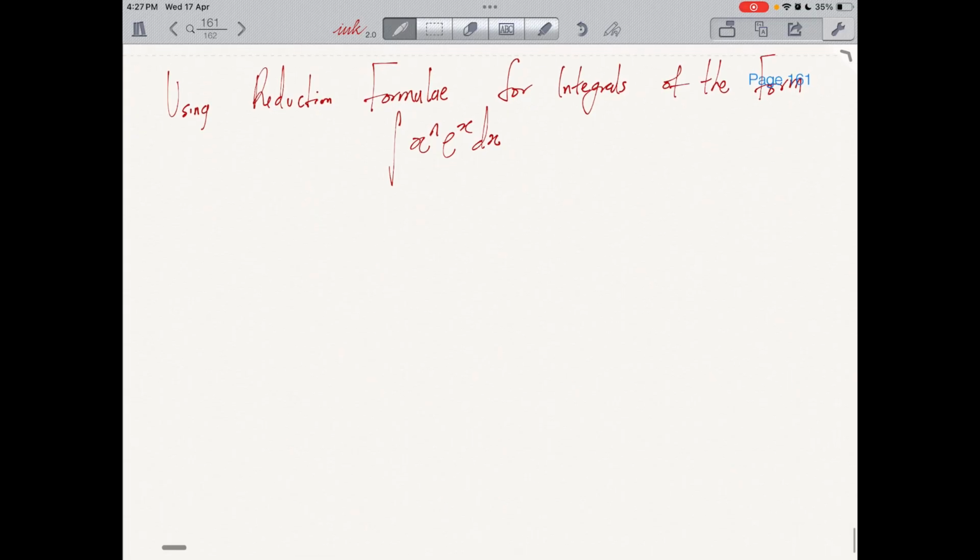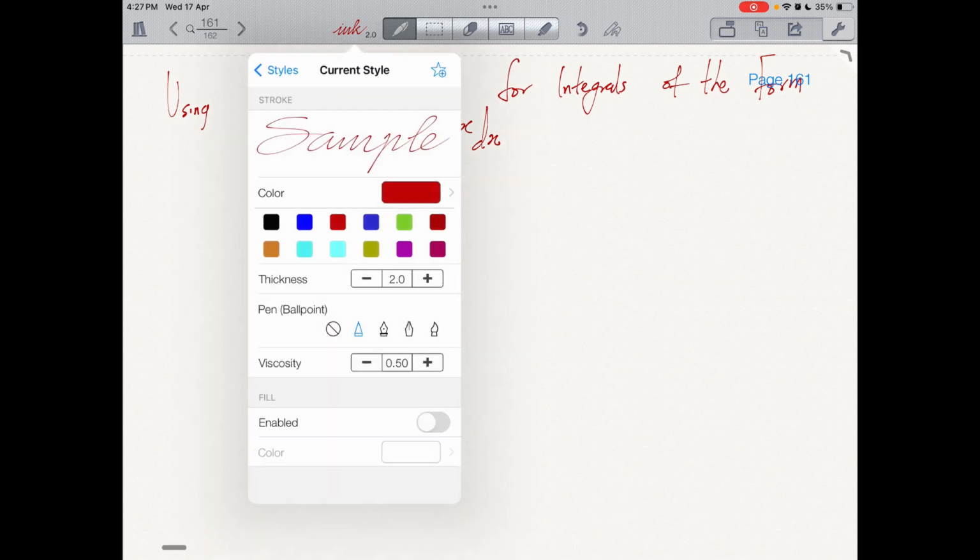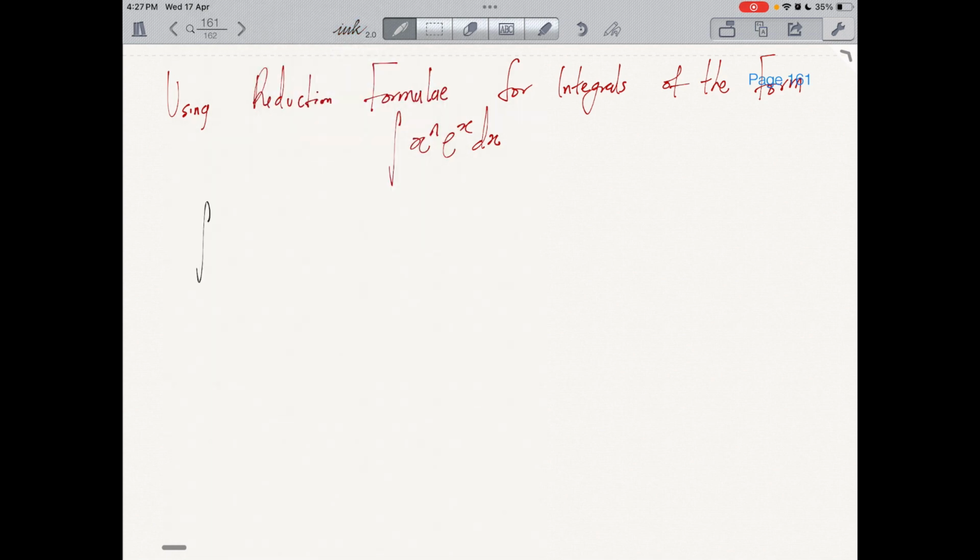So let's begin with using the reduction formula for integrals of the form x raised to power n exponential x with respect to x. So let's see, integrating x raised to power n exponential x with respect to x. The question still remains, what is our u and what is our dv? So this is algebraic and this is exponential.